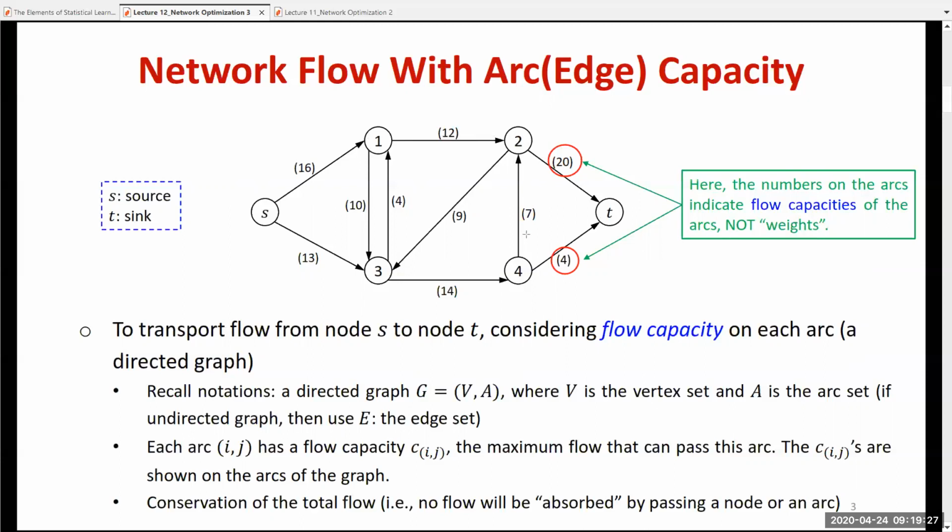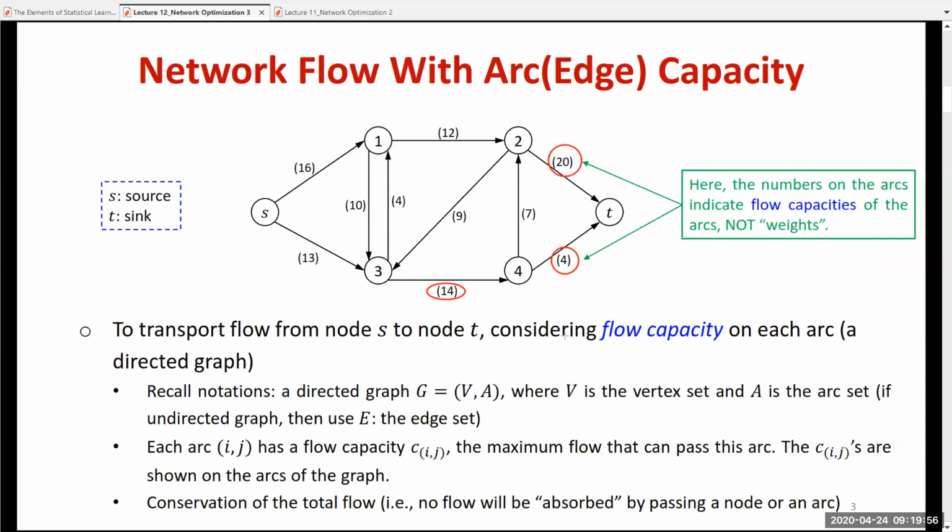Similarly, for node 4, I have capacity 14 here, but I only need to transport 11, because at most I can send out 11 flows. So it's meaningless to transport 14 units of flow from 3 to 4.